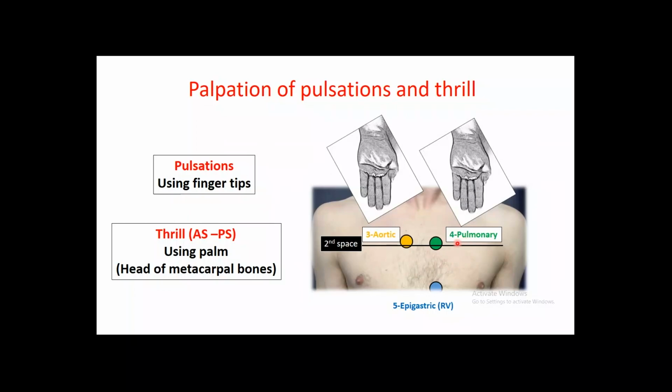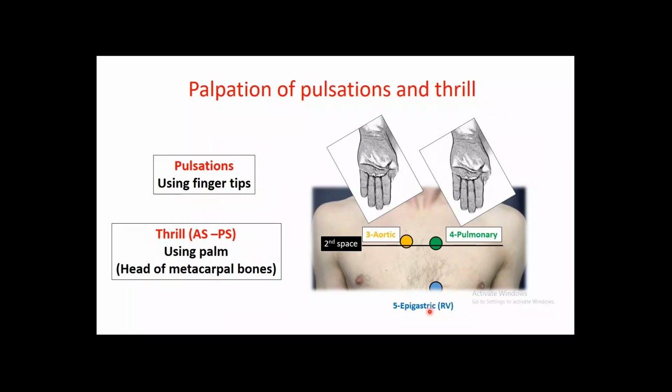So in the pulmonary site, it denotes pulmonary hypertension or pulmonary artery dilatation, and the same in the aortic area. Again, we palpate this area with the head of the metacarpal bone for a thrill. A thrill in the pulmonary area is usually caused by obstruction, that is pulmonary stenosis, and in the aortic area by aortic stenosis.